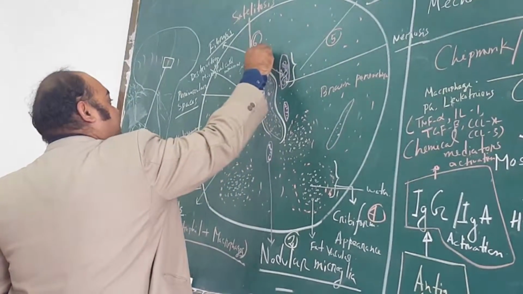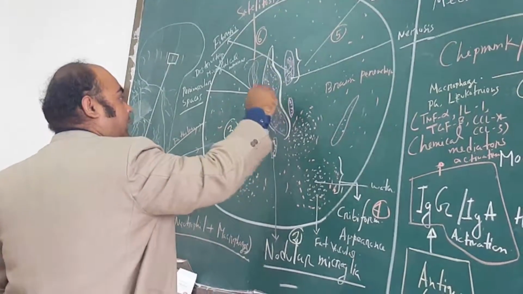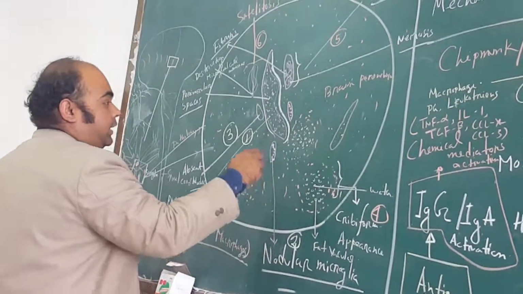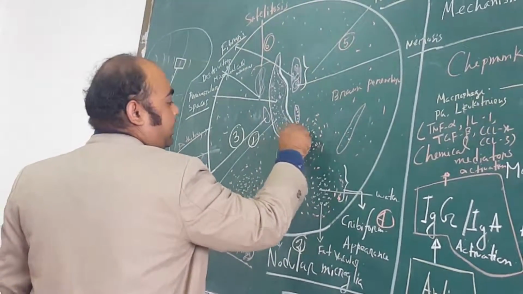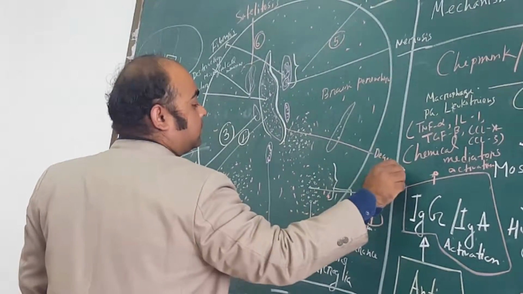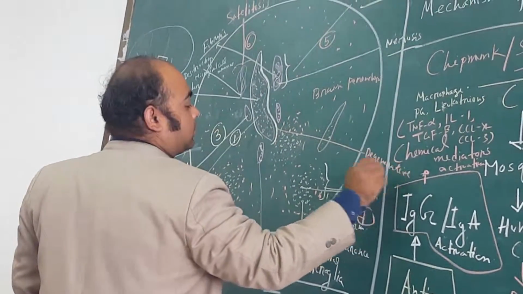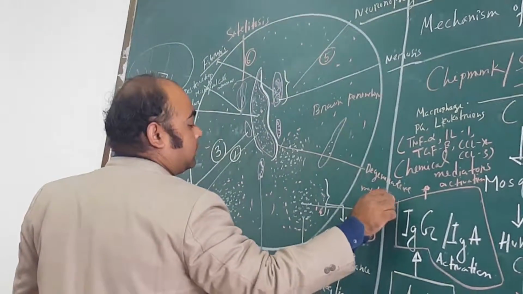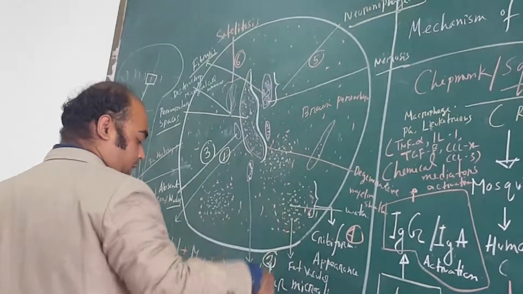Some areas become very thick, some thin and some absent. So it is called degenerative myelin sheath. This is also number 7.